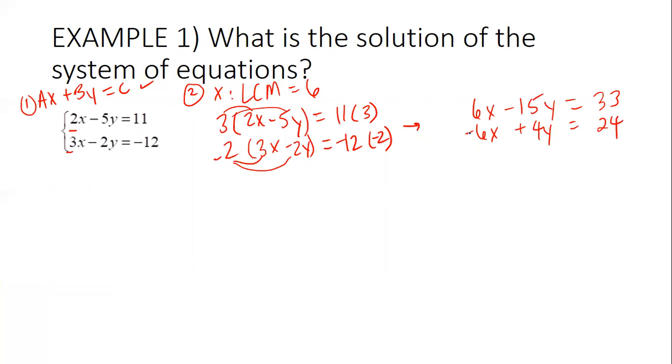So the purpose of step 2 is to set yourself up for elimination when you add them in step 3. So in step 3, I'm going to add them together.